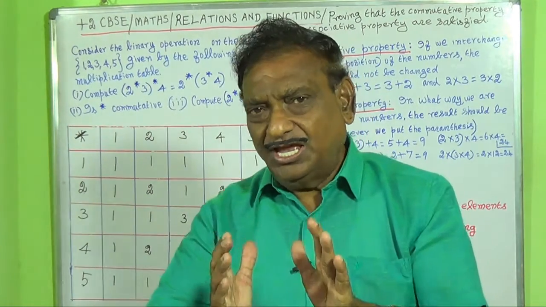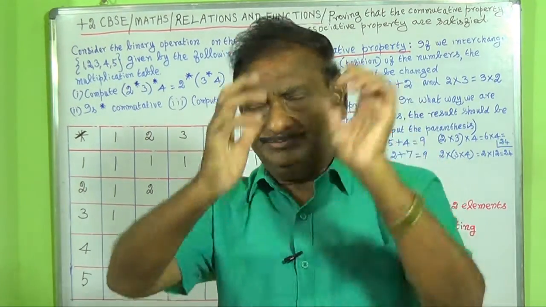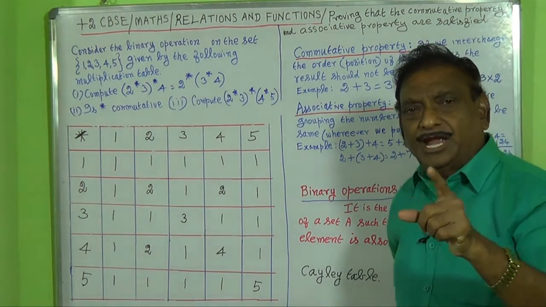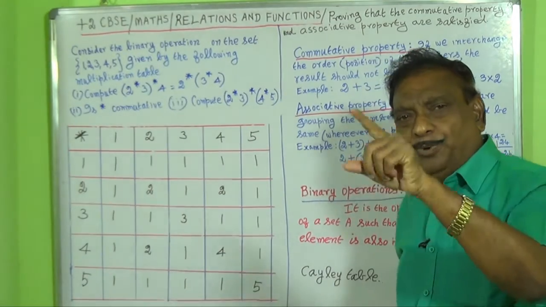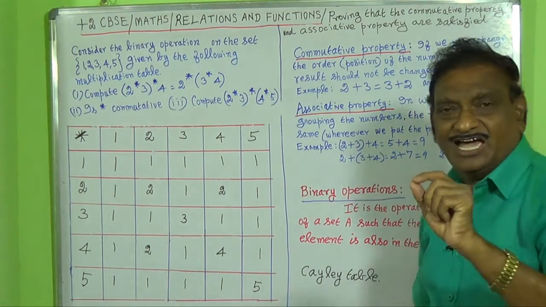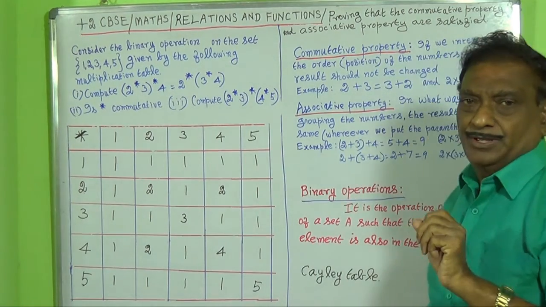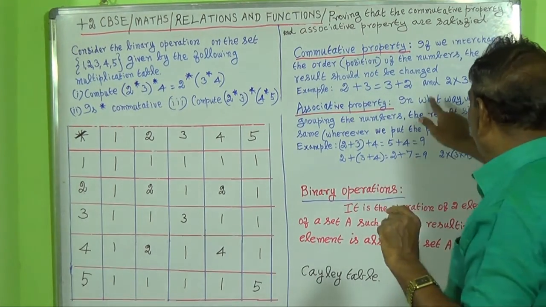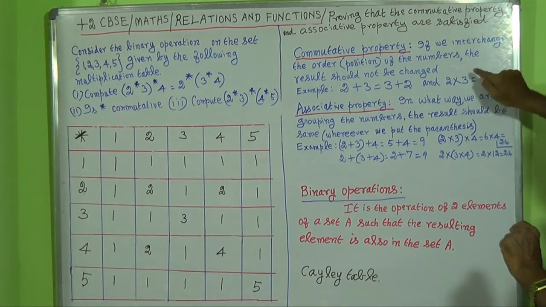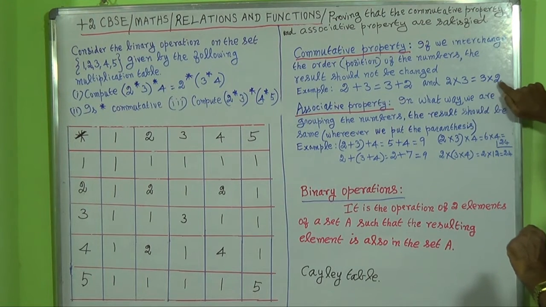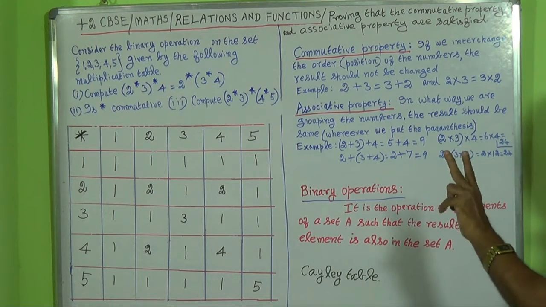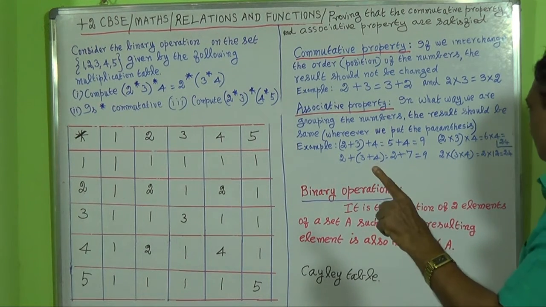Let us see the multiplication operation. We take the number 2, and multiply it with 3. We get the result 6. Now in the place of 2 we write 3, and in the place of 3 we write 2. So we are interchanging the numbers 2 and 3.